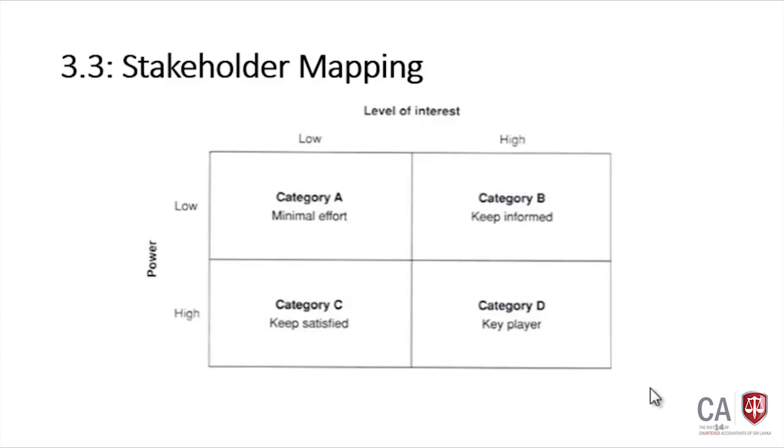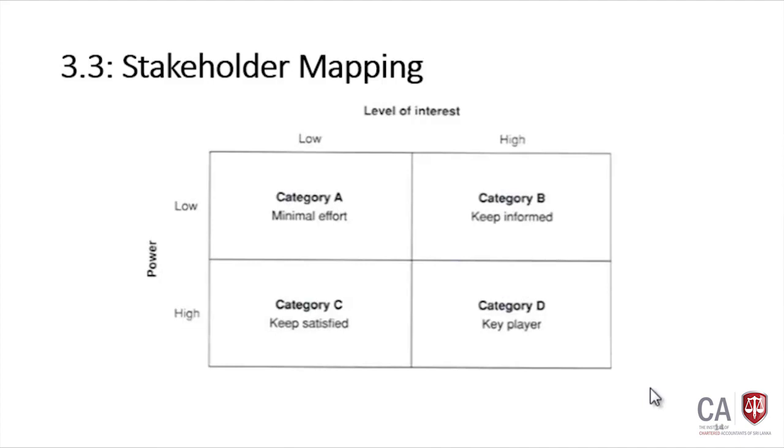Then look at category B, their level of interest is very high but power is low. What are the examples? Most of the employees of an organization come under that, so they can normally be identified under category B. I say most of the employees, 99% of the employees, but there may be one or two people who are very powerful.